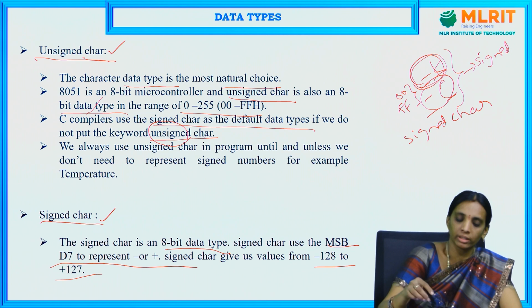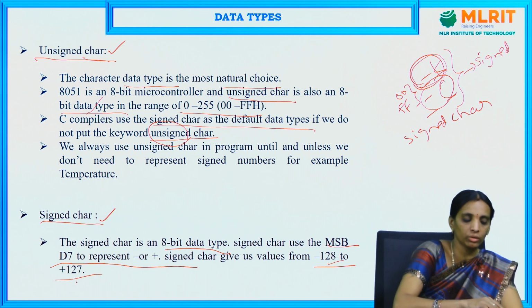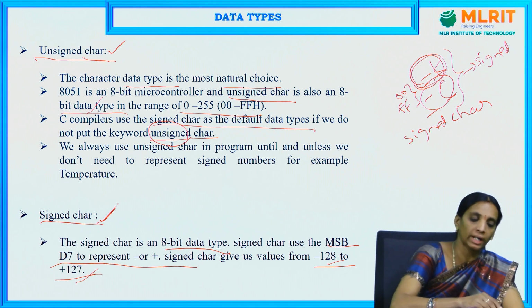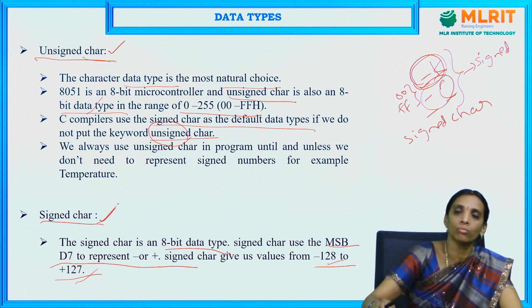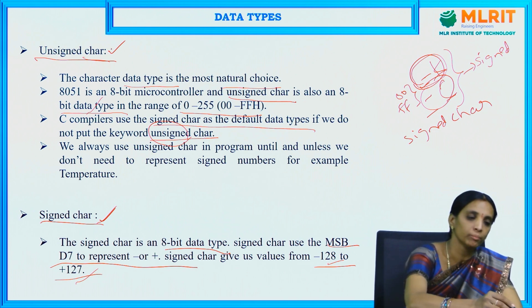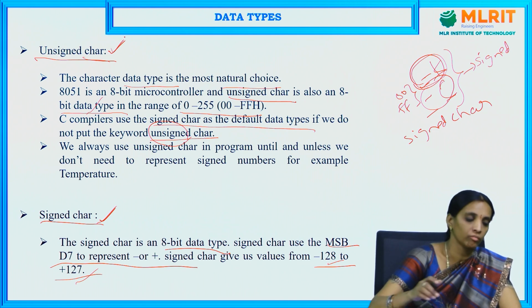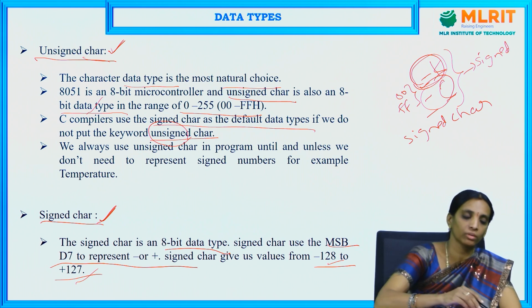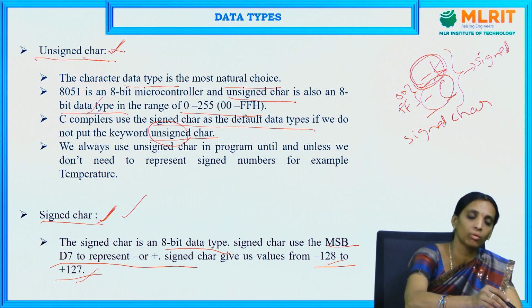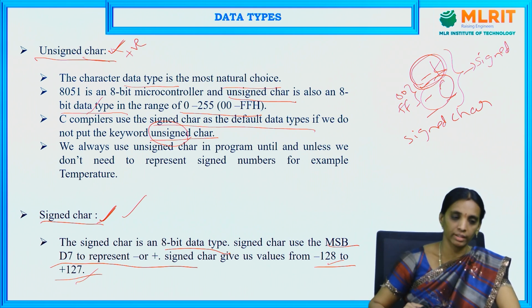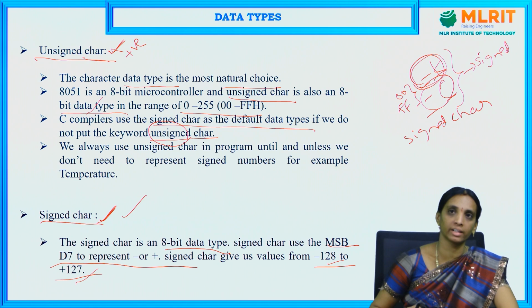So we can understand easily that unsigned char represents only the positive numbers, whereas signed char represents both positive and negative numbers. This is the range of unsigned char and signed char.